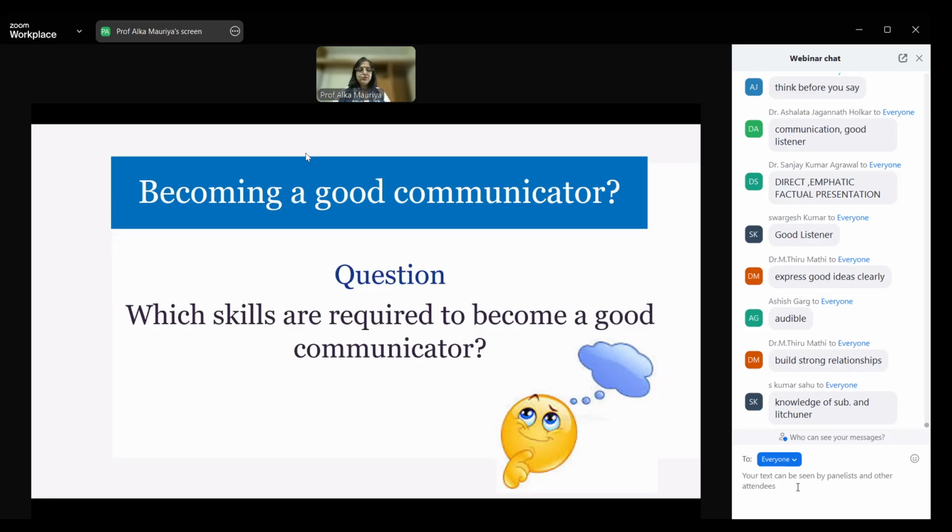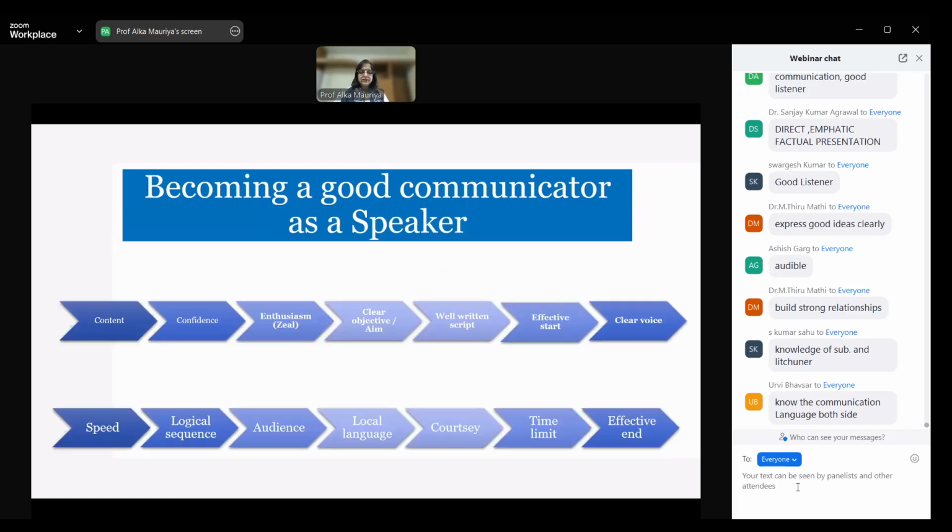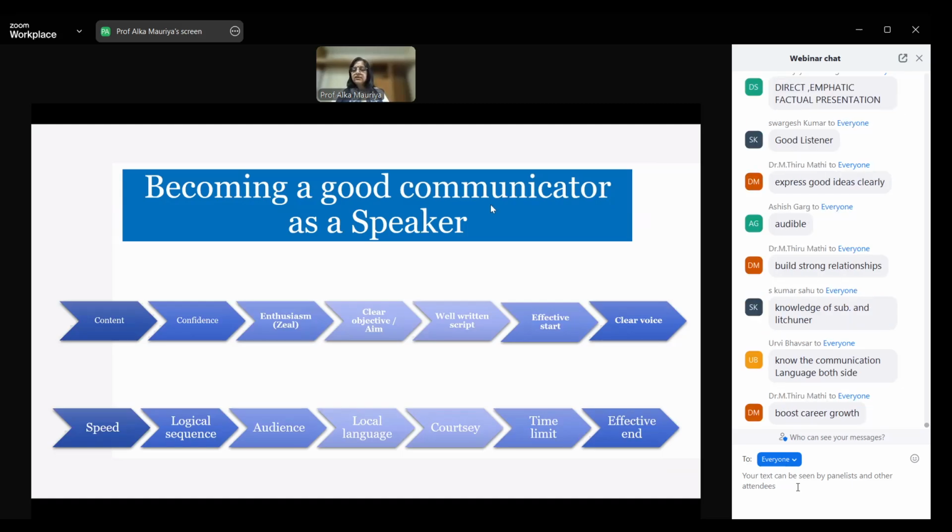Fine. So let's move on to the next slide, which essentially talks about what are the skills required to be a good communicator. So first, as all of you said, we're not talking about grammar, punctuation, and choice of words and so on.